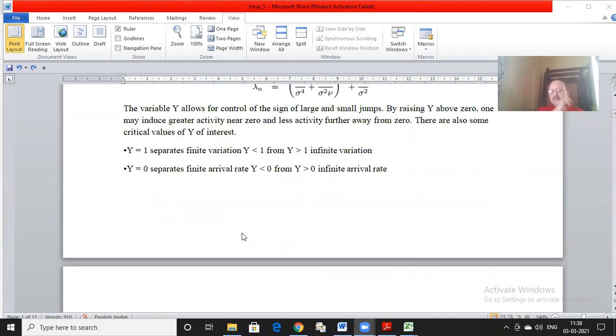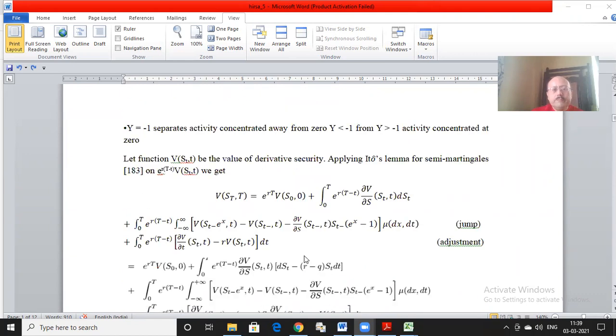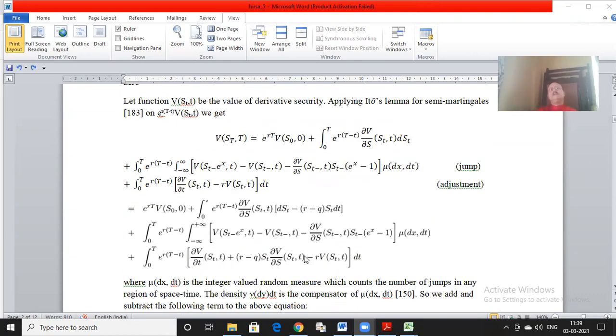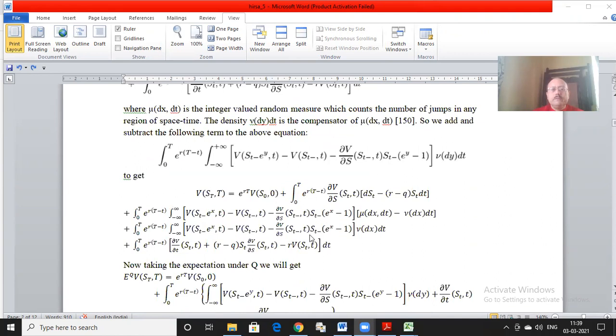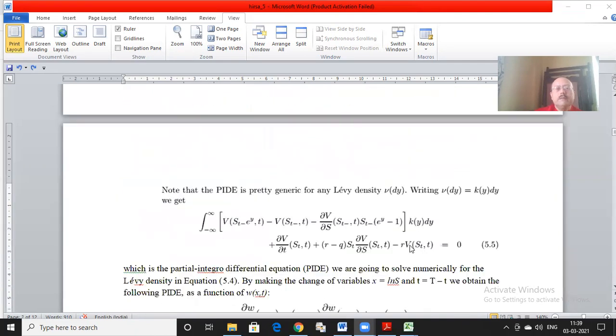It separates finite and infinite variation and arrival rate cases, as well as concentration of activity. Then we wrote out the modified Ito's lemma for this setting and used the risk neutrality arguments to eliminate some of the terms and arrive at this PIDE with an explicit Levy density if available. So any questions so far?